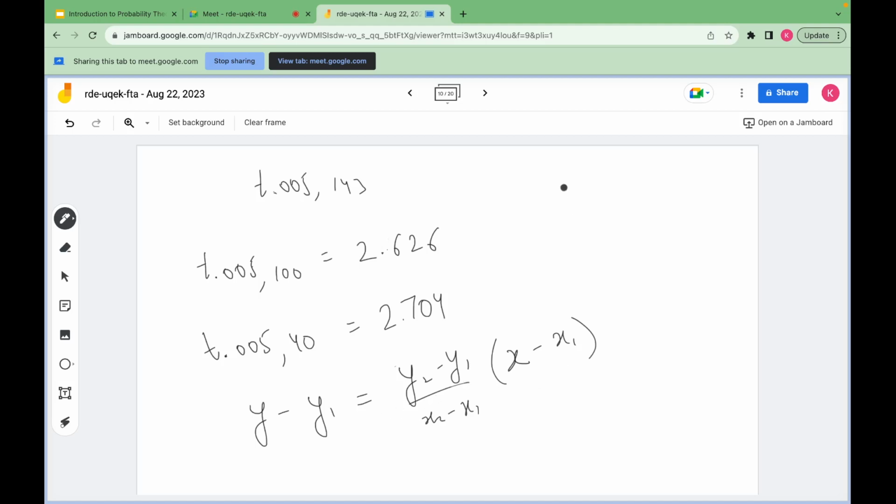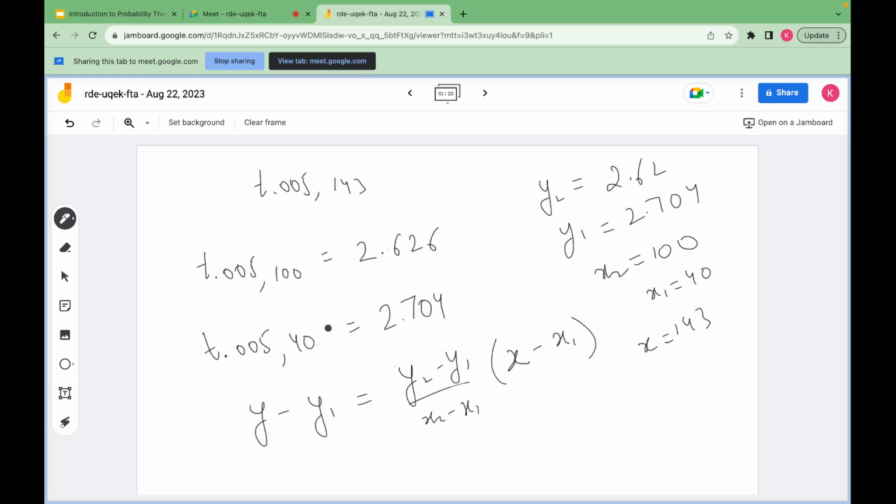So here we can take this y2 as 2.626, y1 as 2.704, x2 as 100, x1 as 40, right? And x is 143, and we need to find this y, and we are given all these values. So we are just interpolating for this degree of freedom 143.